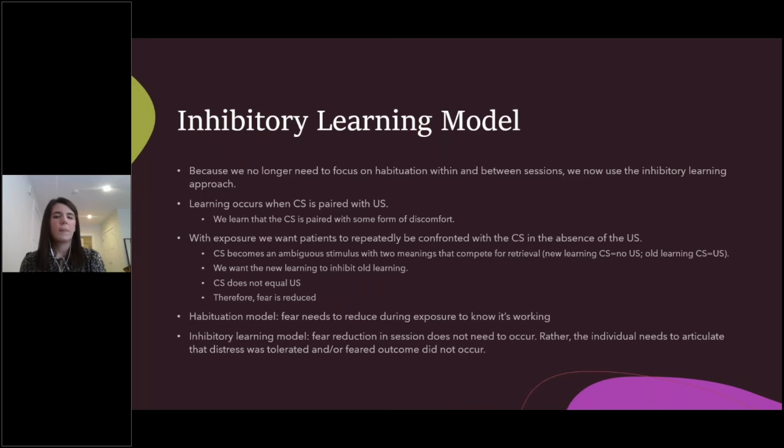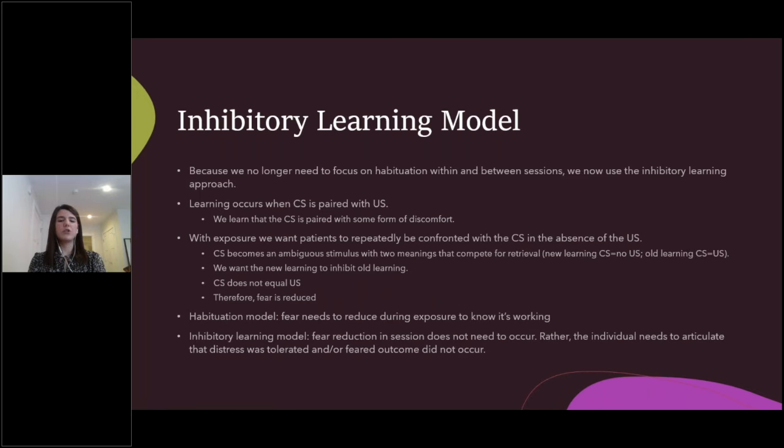Okay. So what we are hoping is that when the conditioned stimulus is presented in the absence of the unconditioned stimulus across time and across contexts, this conditioned stimulus now becomes an ambiguous stimulus that has two meanings that compete for retrieval.